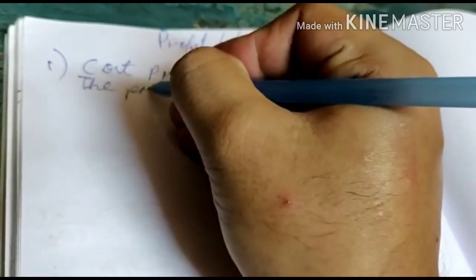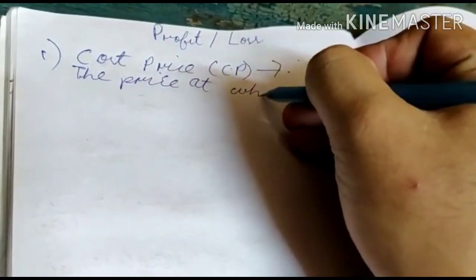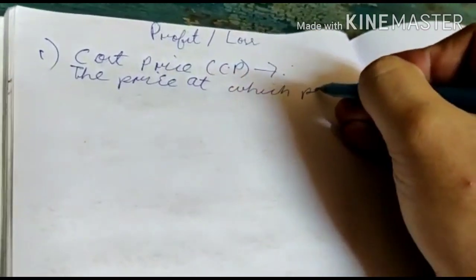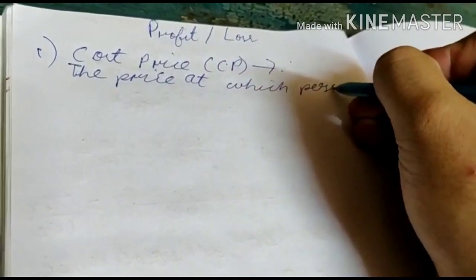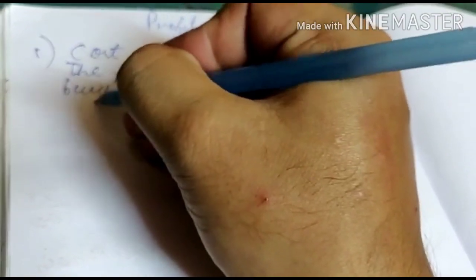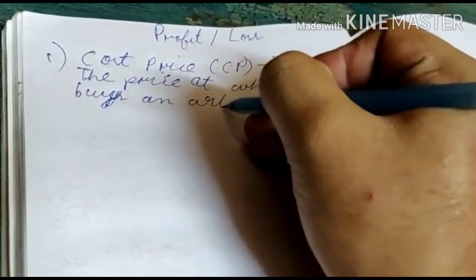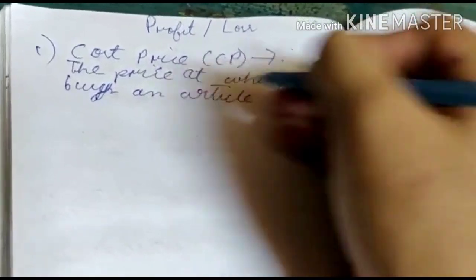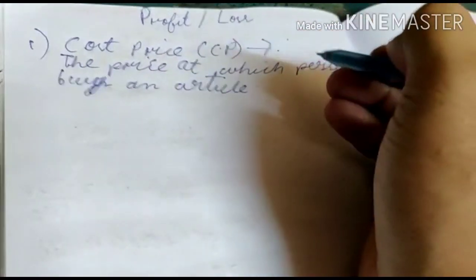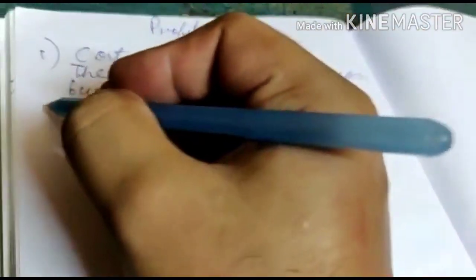The price at which a person buys an article. I will explain all these things in further coming questions.